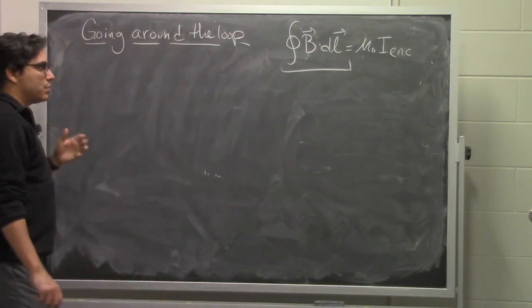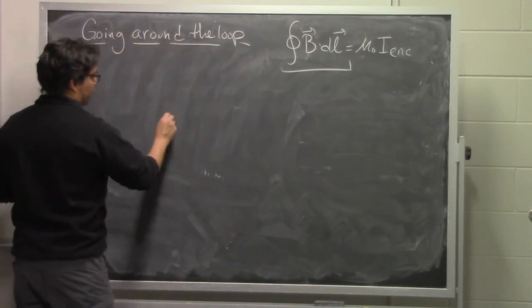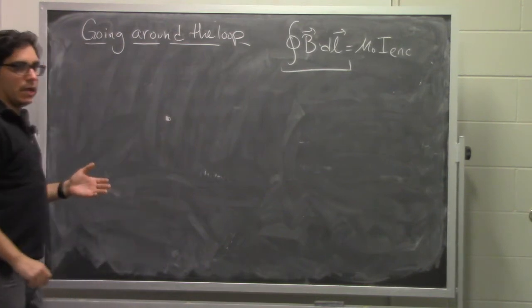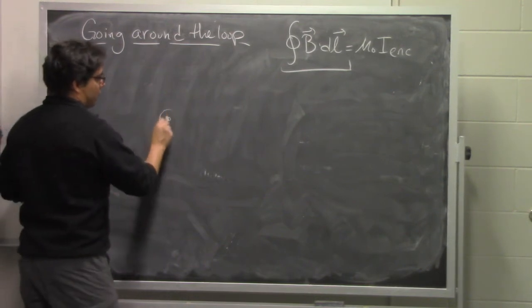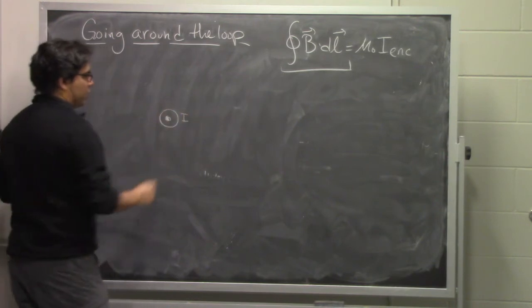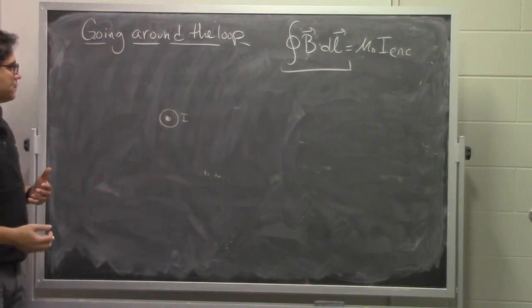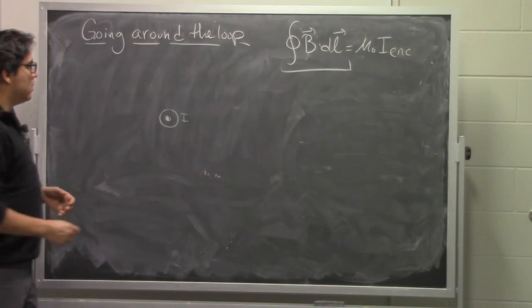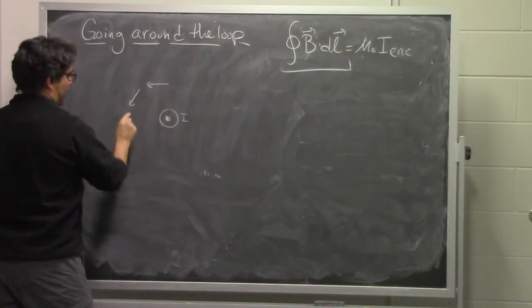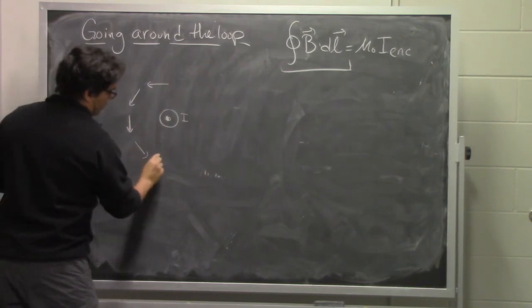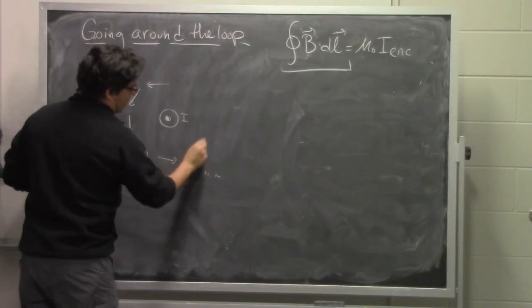To understand that, we're going to take first a current that comes out of the board. Think about a wire coming out of the board, carrying some current. In this case, the magnetic field at some location points like this, so it circulates around in this fashion.